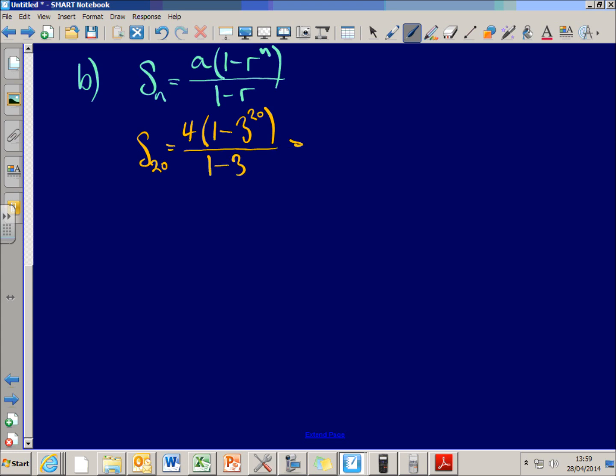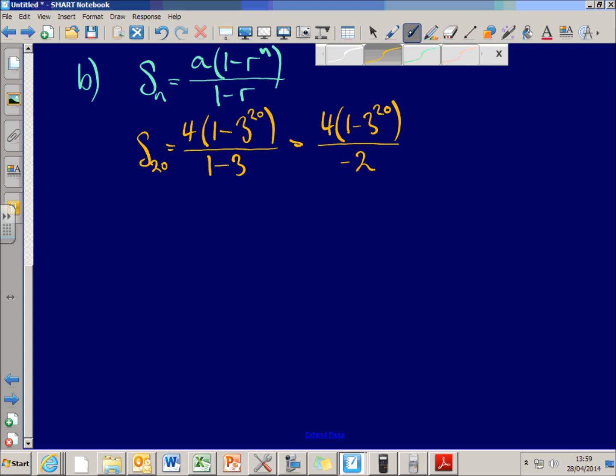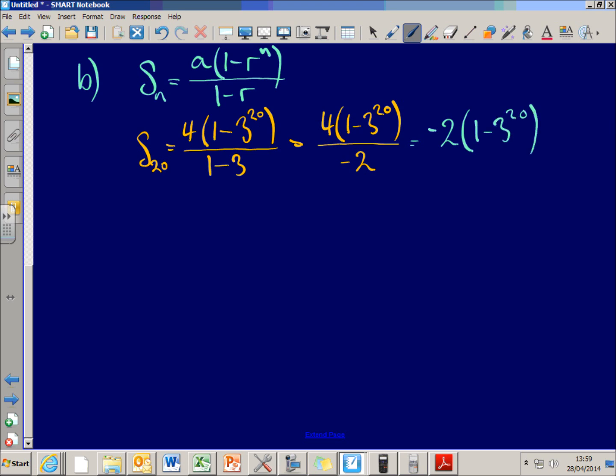Okay, so let's just do some stuff with this. That gives me 4 times 1 minus 3 to the power of 20 there, and then on the bottom I just get negative 2. And that just gives me minus 2 times 1 minus 3 to the power of 20. I can take that negative in front of the 2 and put it inside the bracket, which just gives me a 2 there, and inside the negatives will become positives, the positives will become negatives, so I get that.